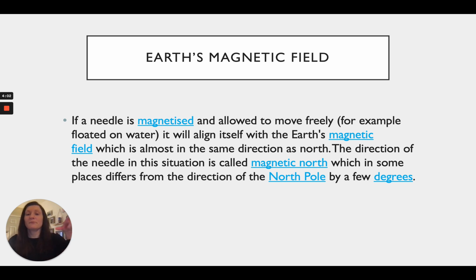So if you took a magnetized needle, set it on the water and let it float, it will automatically turn itself to align with the direction of north. The direction of the needle in this situation is called magnetic north, which in some places differs from the direction of the North Pole by just a few degrees, but otherwise that magnetized needle is always going to align itself in the direction of north. That's pretty cool.